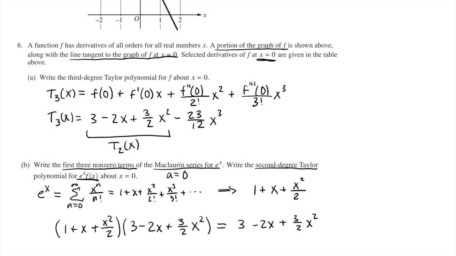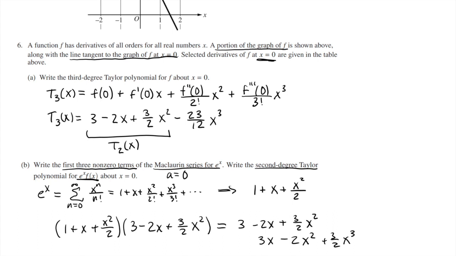Now for simplicity, for the next one when I'm multiplying x through, I'm going to write the terms on the next line below, and I'm going to write them under the terms of the same degree. So for x times 3, I get 3x. Then for x times negative 2x, I get negative 2x squared. And for x times the next one, I'm going to get 3/2 x cubed.